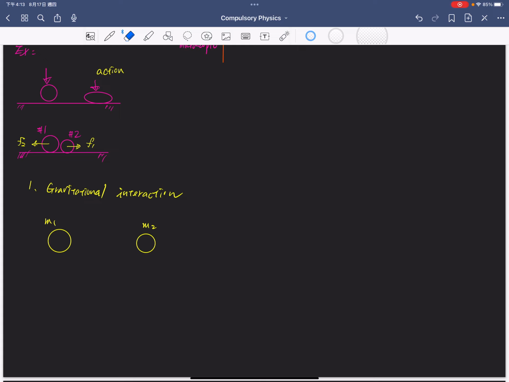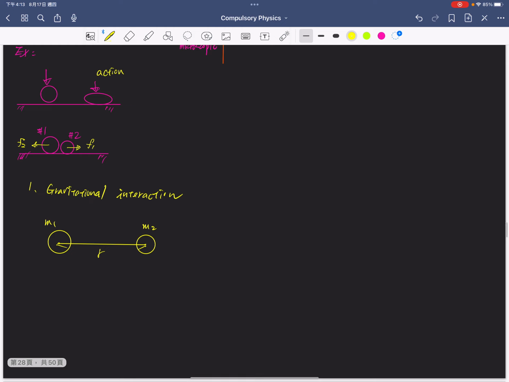You can imagine these are two balls or two fields, and each has a mass. The distance between the centers of the masses we call r. To calculate the magnitude, you take the product of mass 1 and mass 2 over r squared.